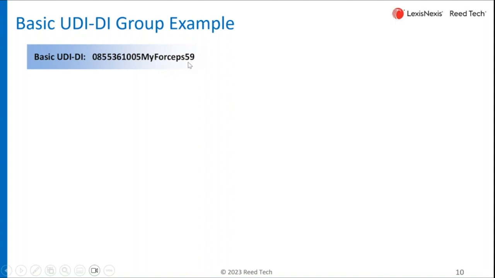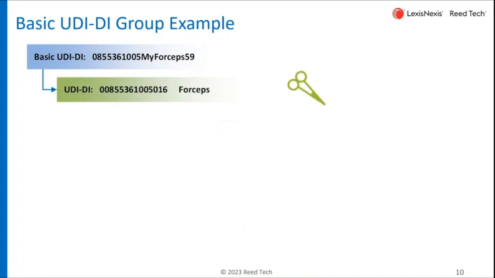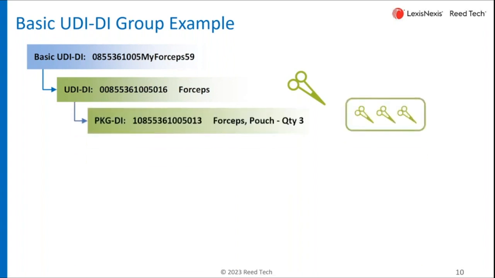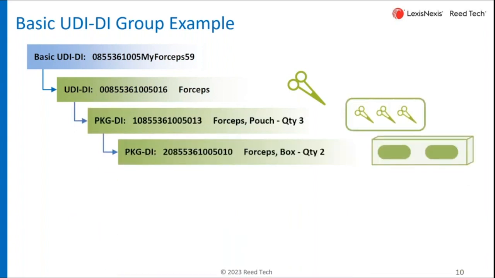So inside this grouping, you might put one of your real common basic products, the forceps. Now, it's not uncommon to have multiple forceps in a higher packaging level. So you might put 3 of those in a pouch. You might actually put 2 pouches in a box. So all of those individual UDI DIs are part of this hierarchy, but there's a single device, the forceps, underneath a basic UDI.